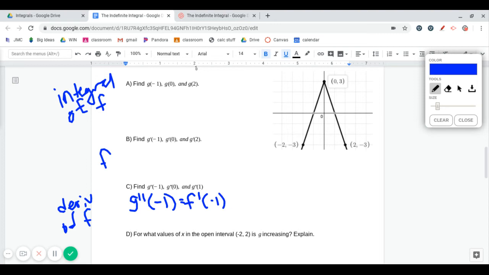So remember, the derivative is the slope of the line. So at -1 here, what's the slope of this line? Rise over run, 3. Now let's find the derivative at 0.